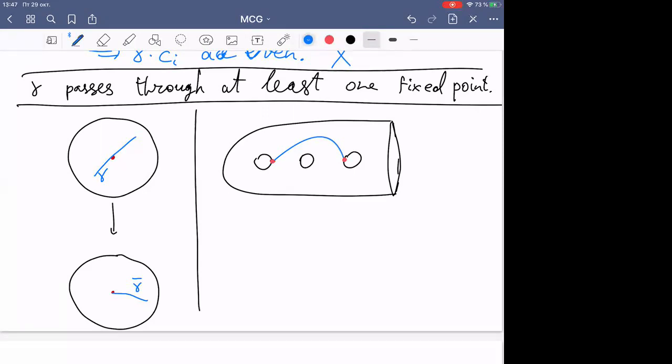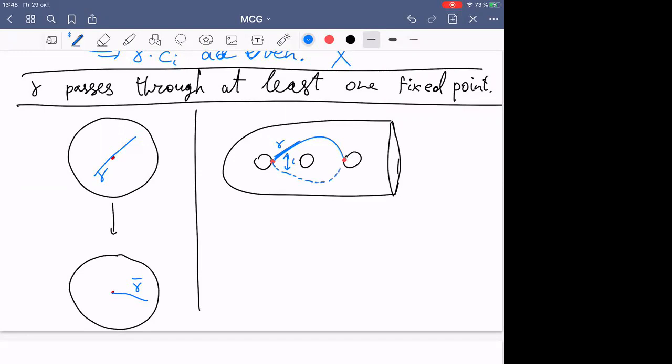But let us go in a different direction. We go along gamma in one direction, and now I suggest to go in the other direction from this first fixed point. But this arc and that arc are taken to each other by the hyperelliptic involution iota.